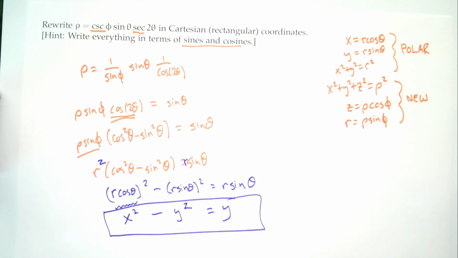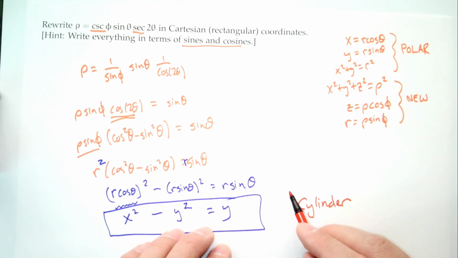All right. Good. On a side note, do you know what kind of surface this is? This would actually be one that we didn't talk about. It's a cylinder. Now you might say, no, it doesn't look like a cylinder, Steve. Okay, let me rephrase it.